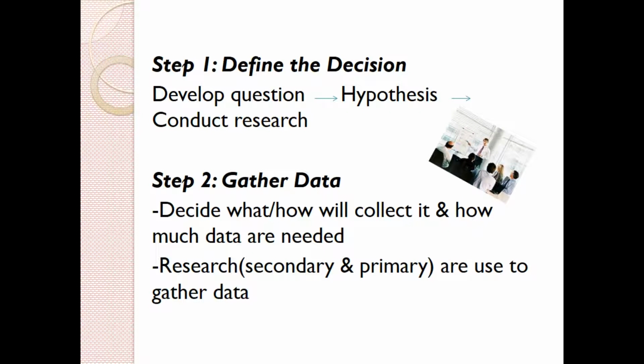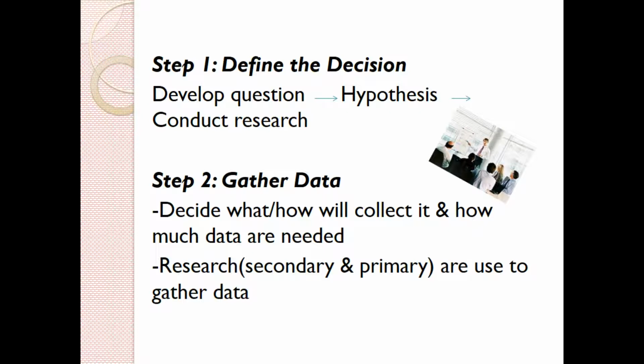Step number 2, you gather your data. You decide how you're gonna get your data to support your hypothesis. So your research actually comes under 2 main wings. Number 1 is secondary research, and then primary research.